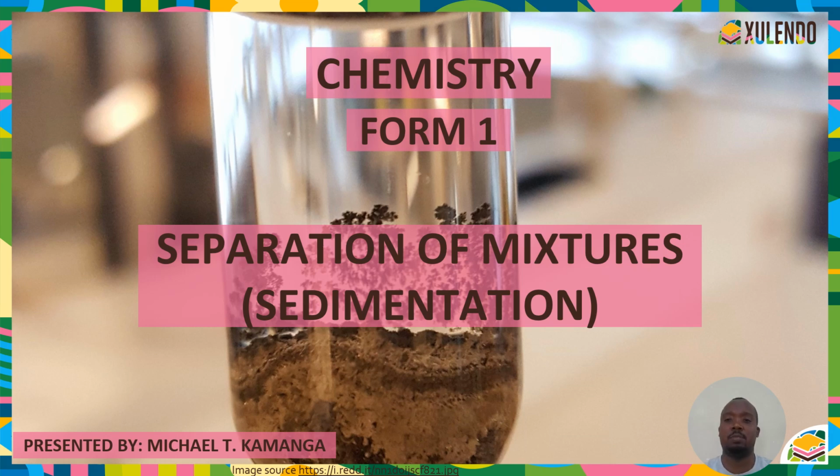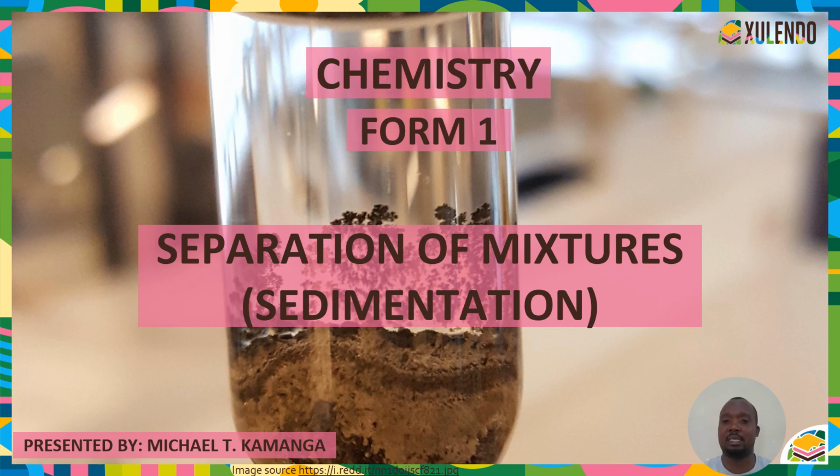So we have several types of mixtures, okay? But in general, we have two types: homogeneous and heterogeneous. Can you give me an example of a homogeneous mixture? Yes, you can have a mixture of salt and water. Salt will dissolve in water.